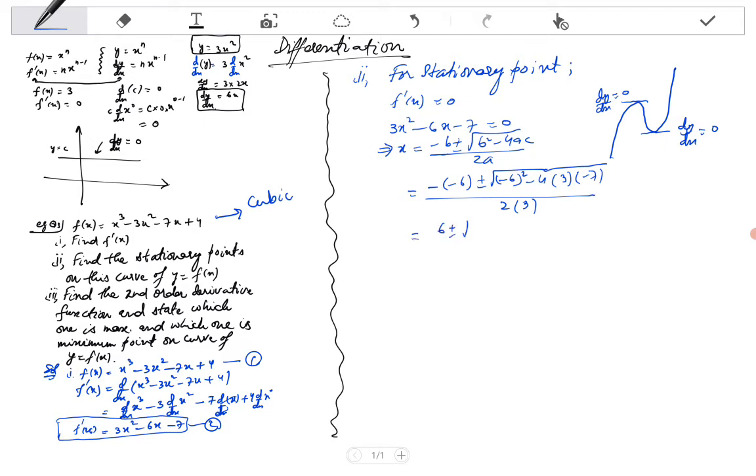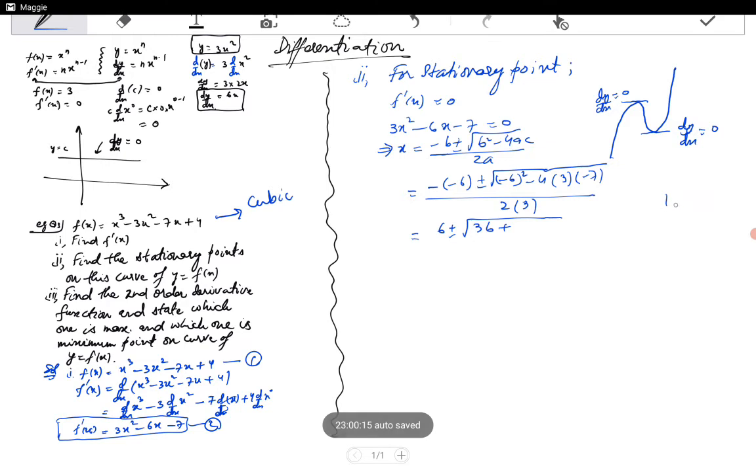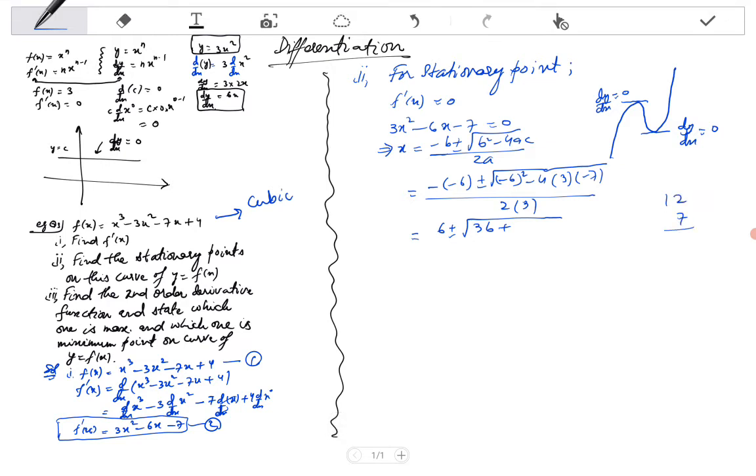6 plus minus under root of 36 plus, 3 4s are 12, and when you multiply by 7, 14, 84, plus 84, divided by 6. I think I should use a calculator to solve this expression further.